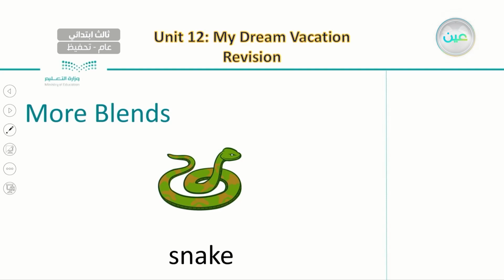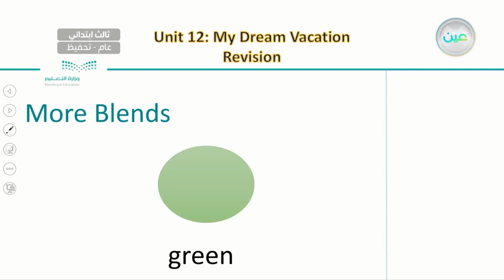And then the other blend we have is S and N, as in the word snake, snake, which is an animal that has no legs or arms. And also the other blend that we learned last time is G and R, as in the color green, green.